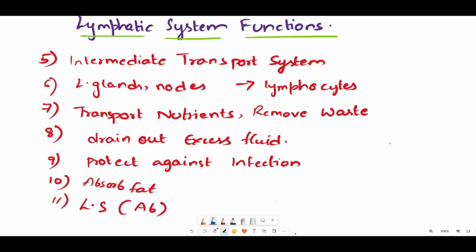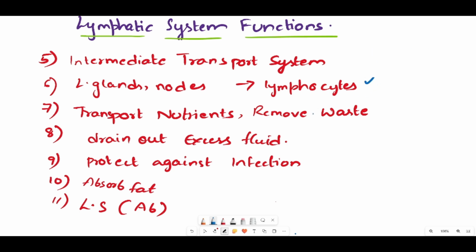These are some other functions of the lymphatic system. Here the lymphatic system acts as an intermediate transport system between the blood and cells. And the sixth point is the lymphatic glands or lymph nodes are useful for producing lymphocytes.